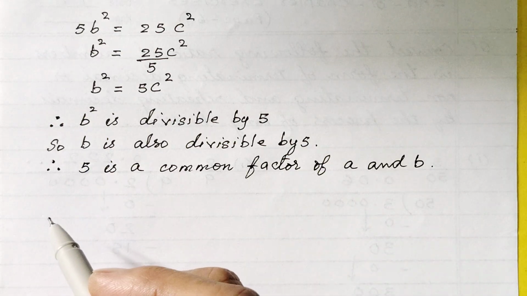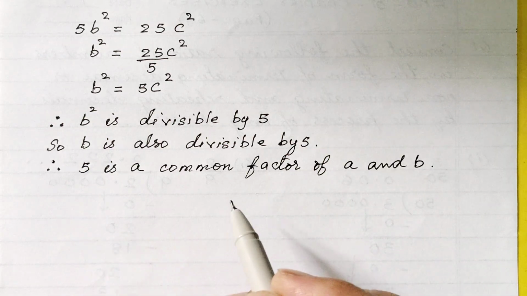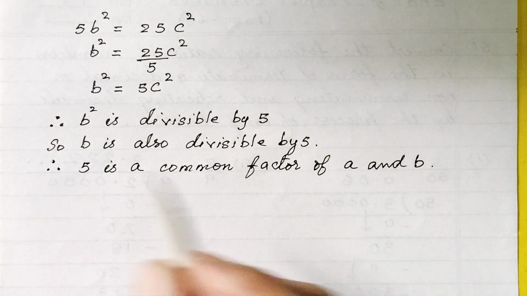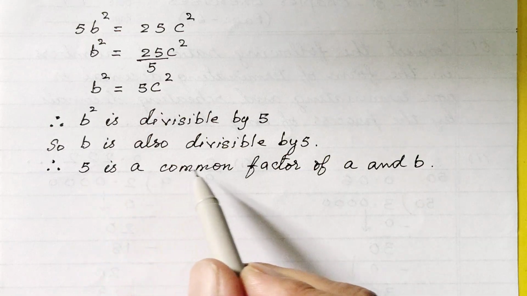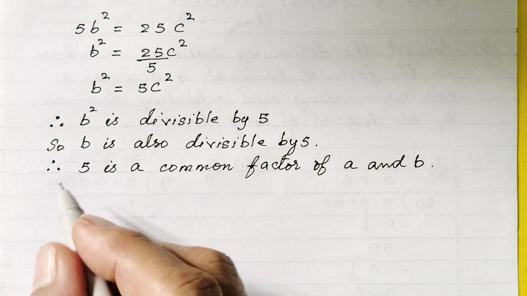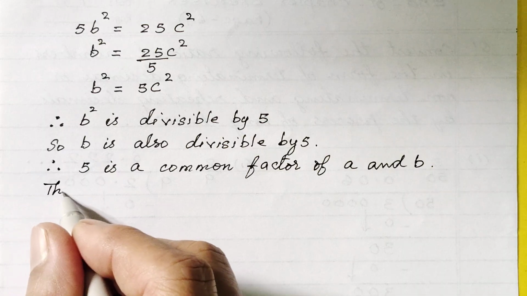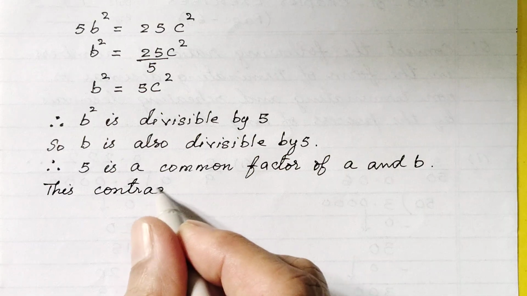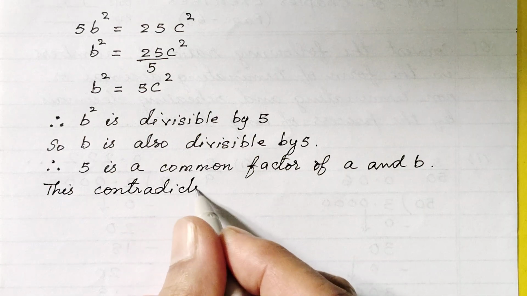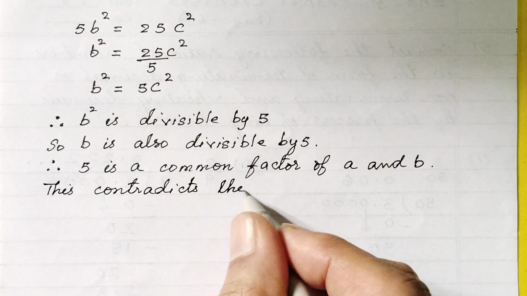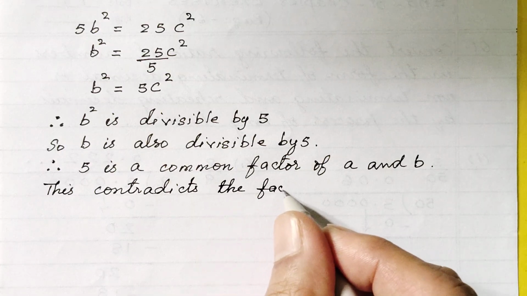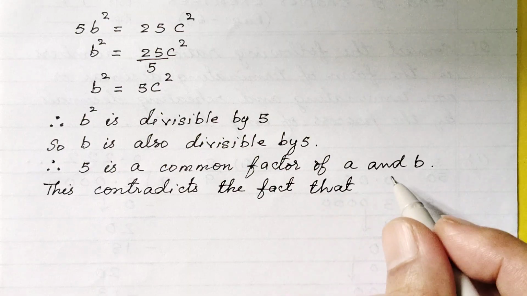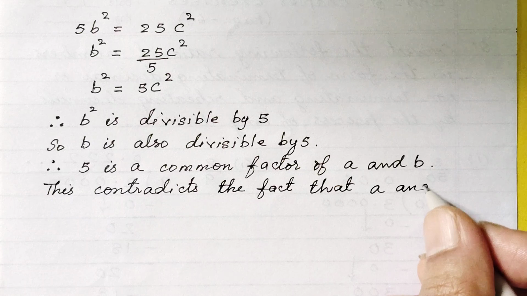This contradicts the fact that a and b are co-prime. In the starting, we took a and b as co-prime. But here we are getting 5 is a common factor of a and b. This contradicts the fact that a and b are co-prime.